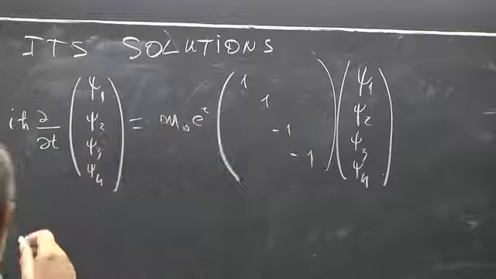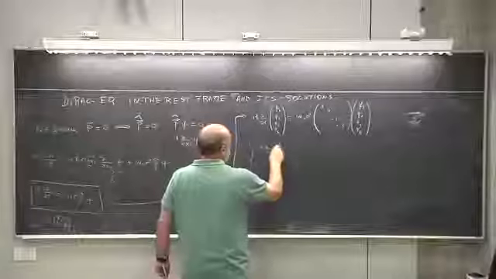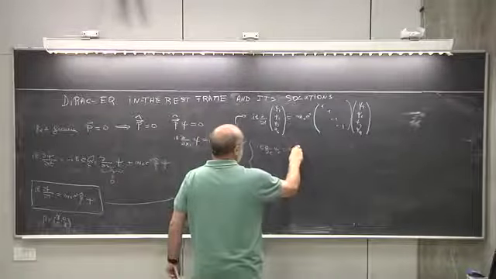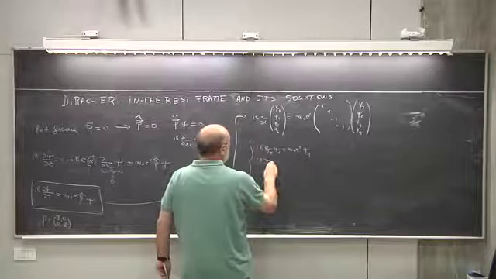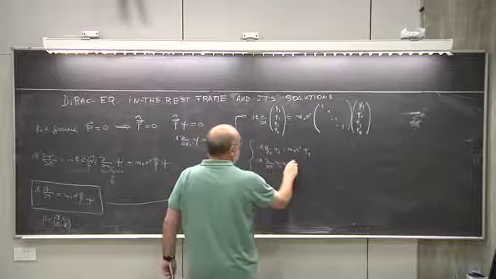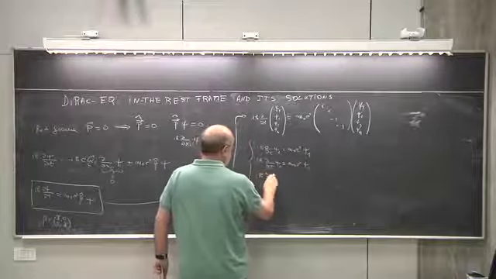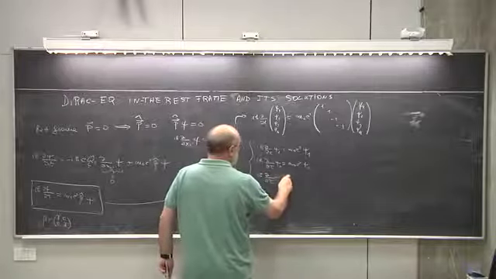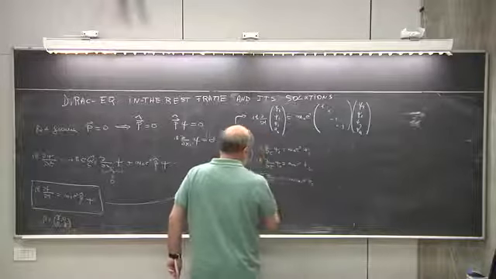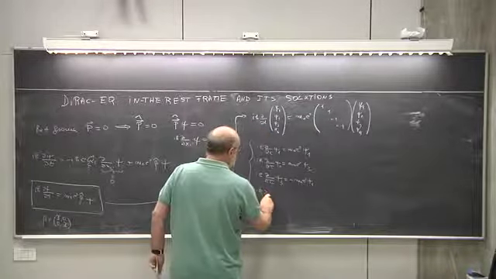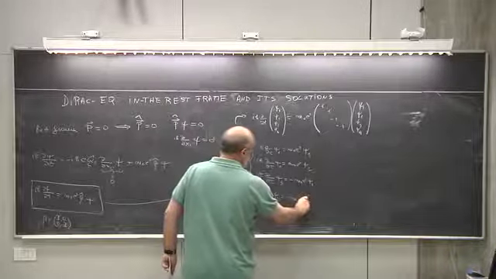So from here you derive four equations: iħ d/dt psi1 equals m0 c squared psi1; iħ d/dt psi2 equals m0 c squared psi2; iħ d/dt psi3 equals minus m0 c squared psi3; and iħ d/dt psi4 equals minus m0 c squared psi4.